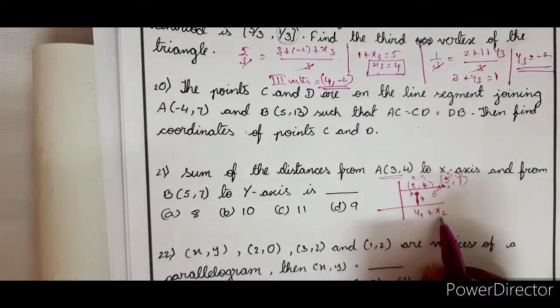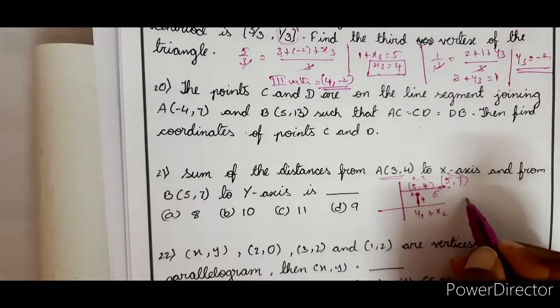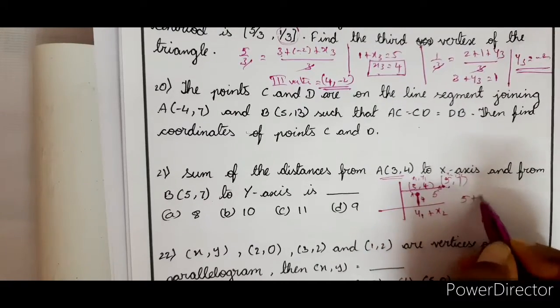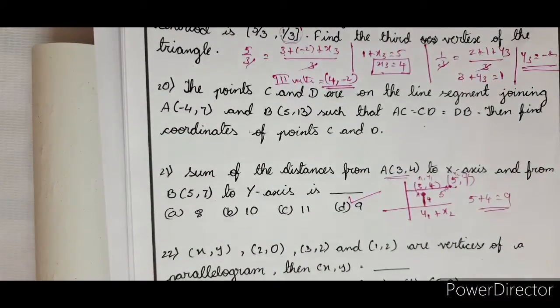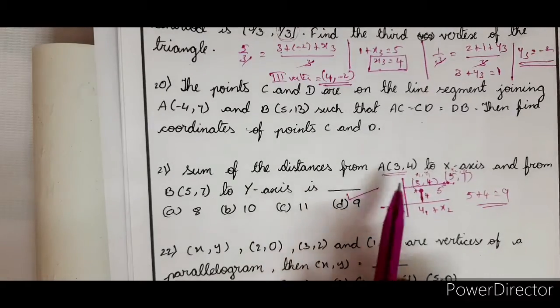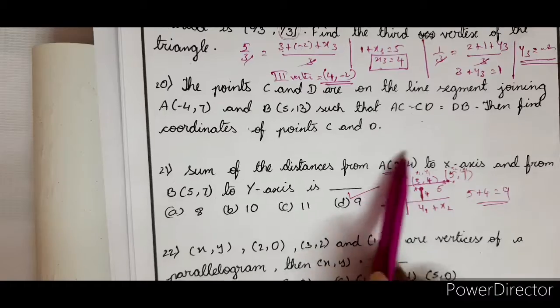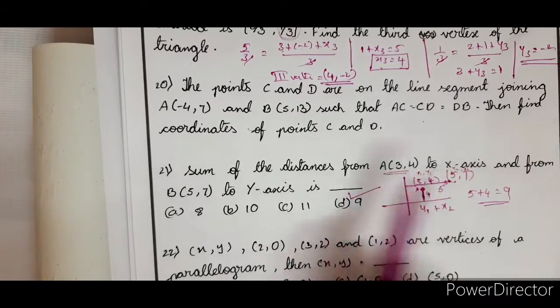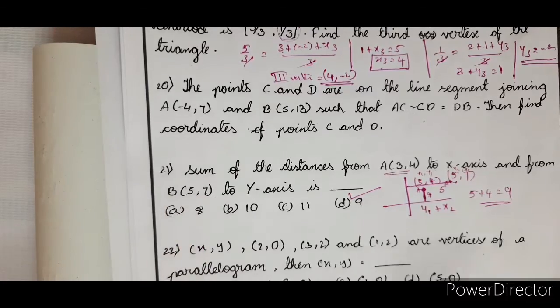This is y1 plus x2, that is 4 plus 5, which is 9. So 9 is the answer, so D is the right option. Always remember, distance from the x-axis means the y coordinate of that particular point. Distance from the y-axis means the x coordinate of that particular point.